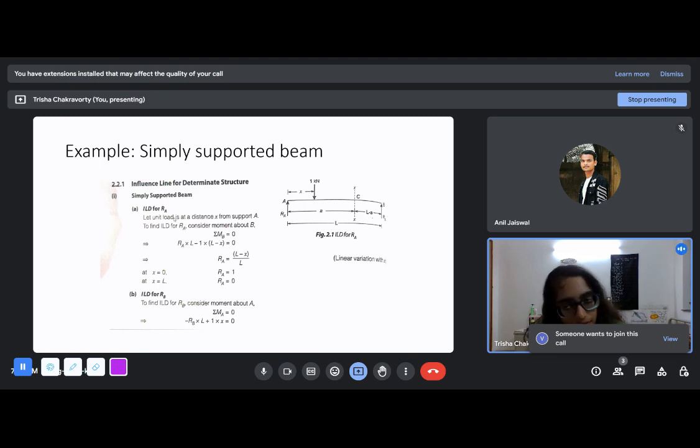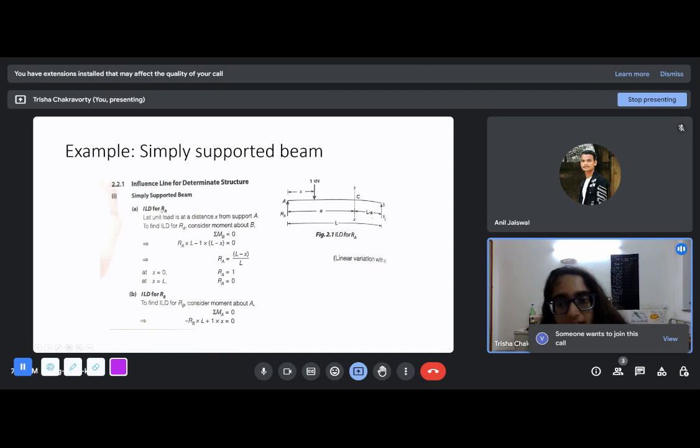What do we need to specify for an ILD? We need the length of the beam, we need the support conditions, and we need the position of the section we are looking at and the response.